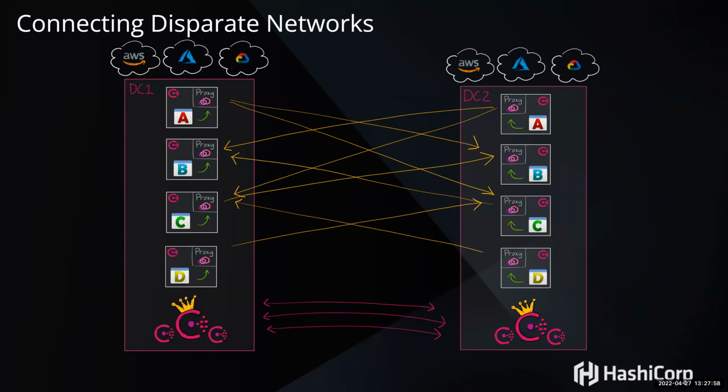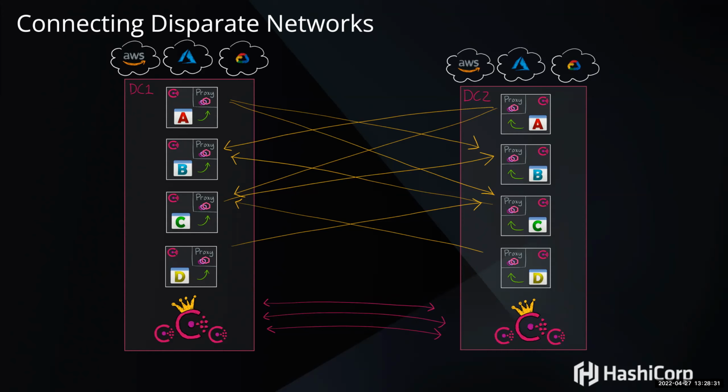We generally recommend that as long as you have a 10 millisecond radius, you can build a Consul data center. So for example, you wouldn't span a Consul data center between two regions. You would be able to span a Consul data center within a single region in multiple availability zones, or a single physical data center. We do have examples where customers have spanned it more than that, but generally the recommendation is 10 millisecond round trip latency on where you want a Consul data center to be.